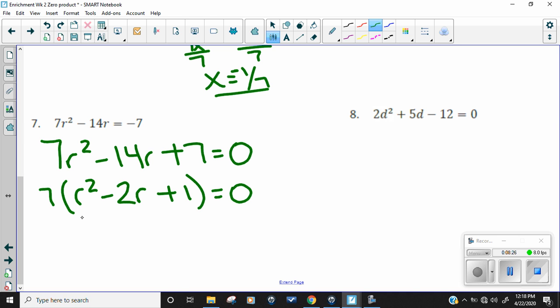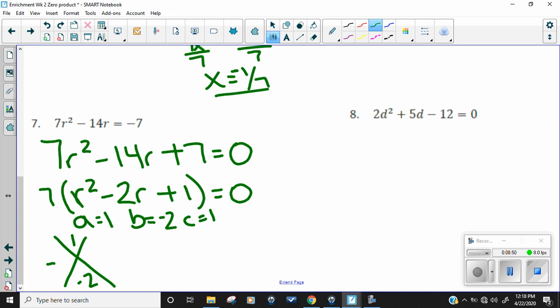Now, I got my a, which is with the r squared. A is 1. B is negative 2. And C is 1. Since A is 1, I can x factor. What multiplies to 1, but adds to a negative 2?